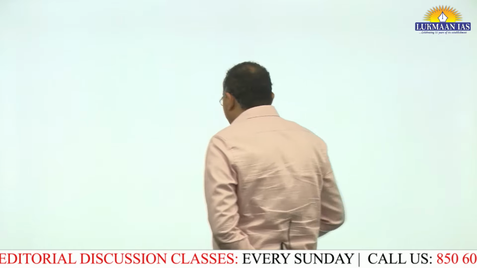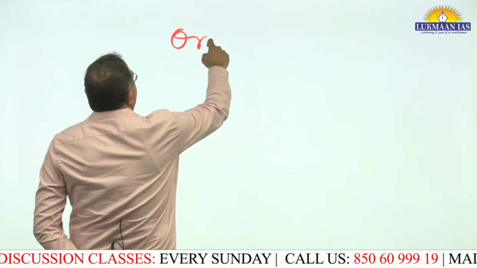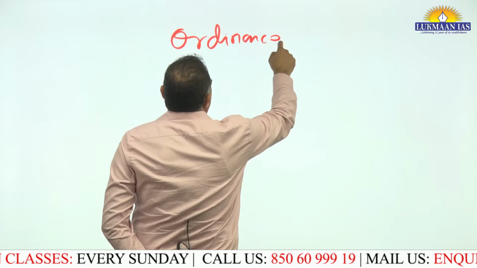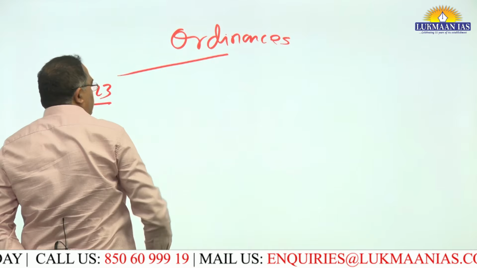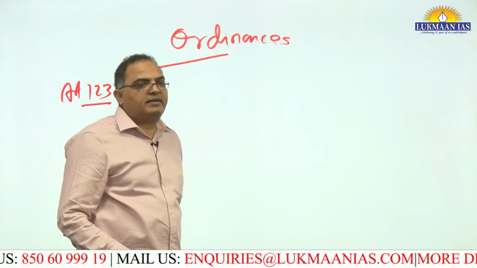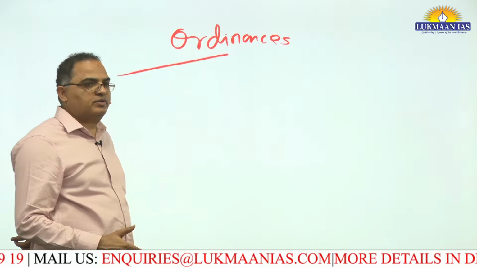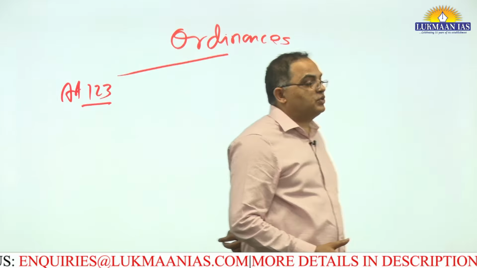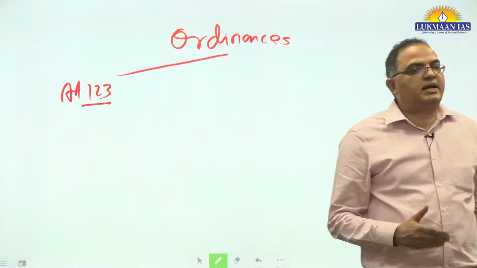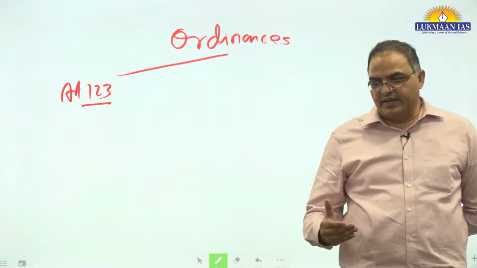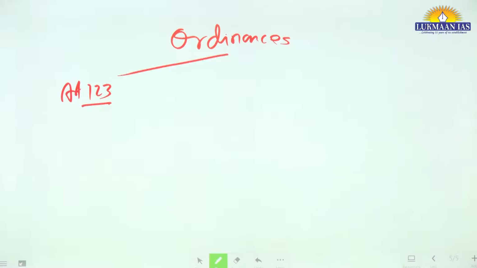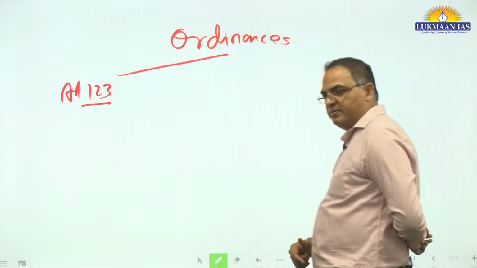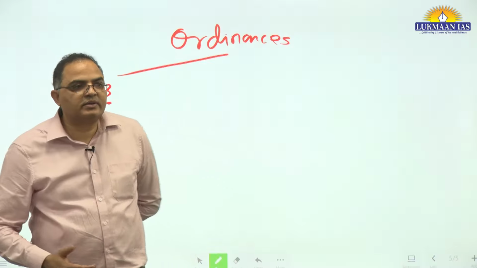So what happens? Article 213 also says that if there is any extraordinary, urgent situation which demands that the executive should bring or adopt a law, and in that situation parliament is not in session, then the executive can make a law through an ordinance.